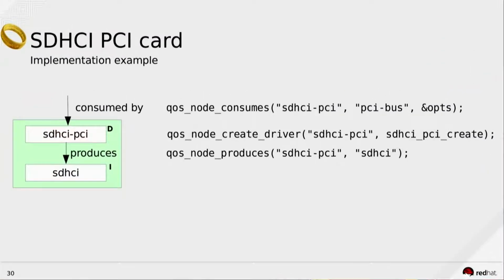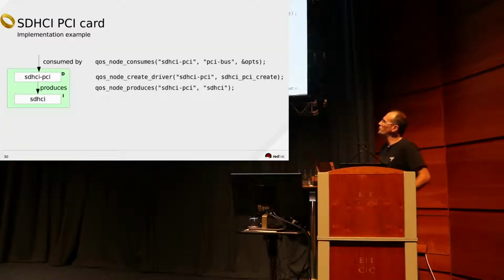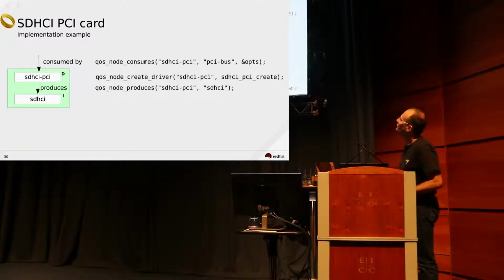And the example of the PCI card consumes the PCI bus. It's the first line. We can provide an option to provide the address on the PCI bus, and this will add some parameters to the command line of the virtual machine.